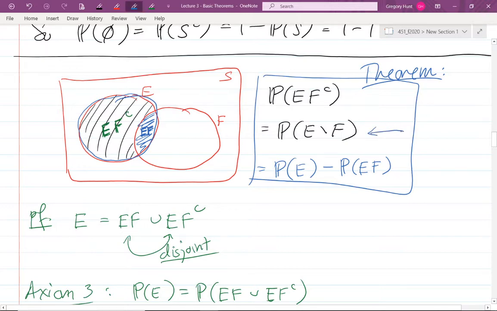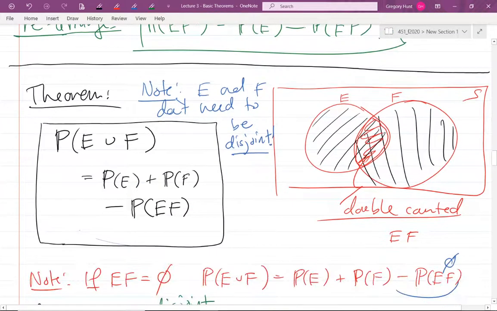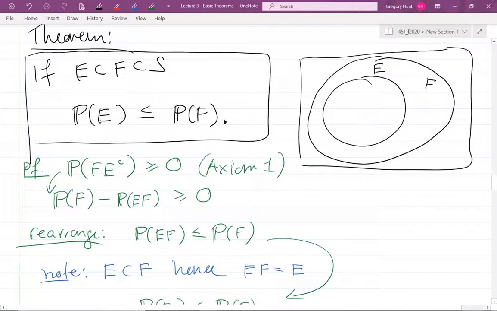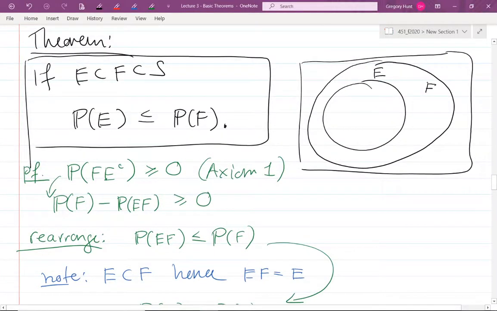Then we had this general theorem about unions, which is the probability of E union F is the probability of E plus the probability of F minus the probability of E intersect F. That's a general case implied by the third axiom. We had the subset theorem, which says that if E is a subset of F, the probability of E is less than or equal to the probability of F.